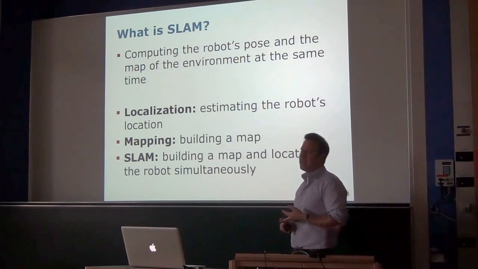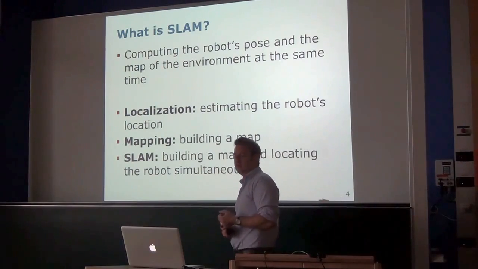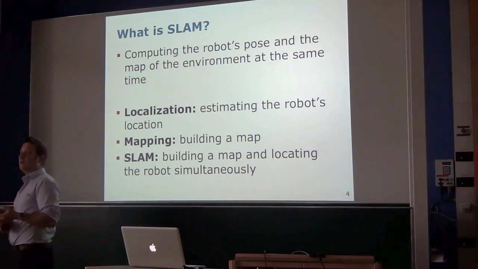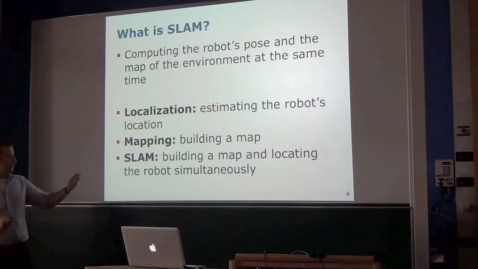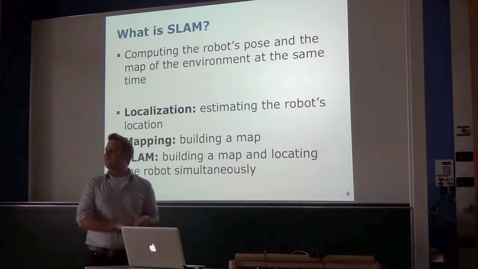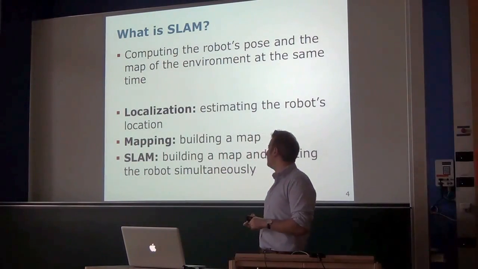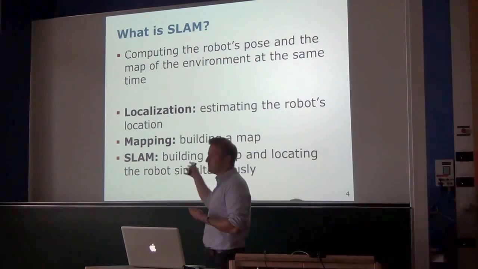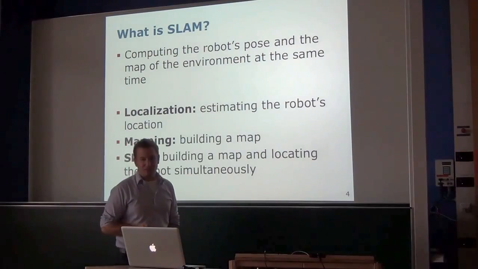Mapping is typically building a map, often given the poses of the robot, and SLAM tries to do both things at the same time: estimate a map of the environment and estimate where the robot is with respect to that model that we build, simultaneously. Sometimes you also find the term CML, concurrent mapping and localization, but this is not used that often anymore. The term SLAM sounds nicer, and therefore most people use it.